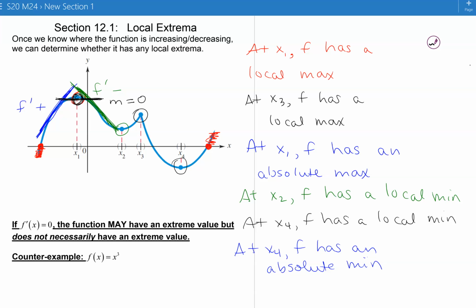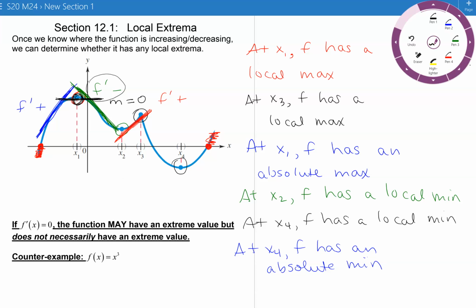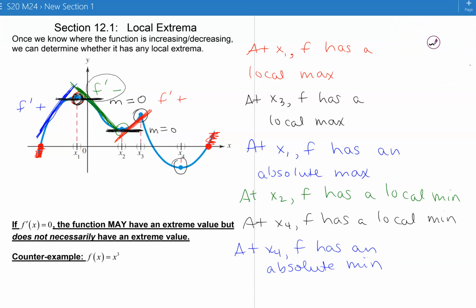And then point x2, notice that on the left the derivative is negative. On the right, the derivative is positive, and at that point, the derivative is 0. So if your derivative goes from negative to 0 to positive, then you know this point has to be a local min.